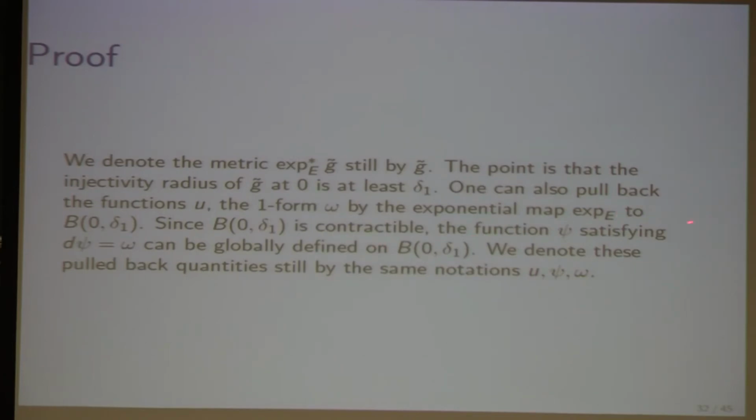Because this ball is contractible, the function psi must satisfy this equation. In the beginning, we only have omega. Locally, we have psi. But here, because this ball is contractible, you can find a psi on this ball. So you pull back all these quantities and use the same notation to denote them.